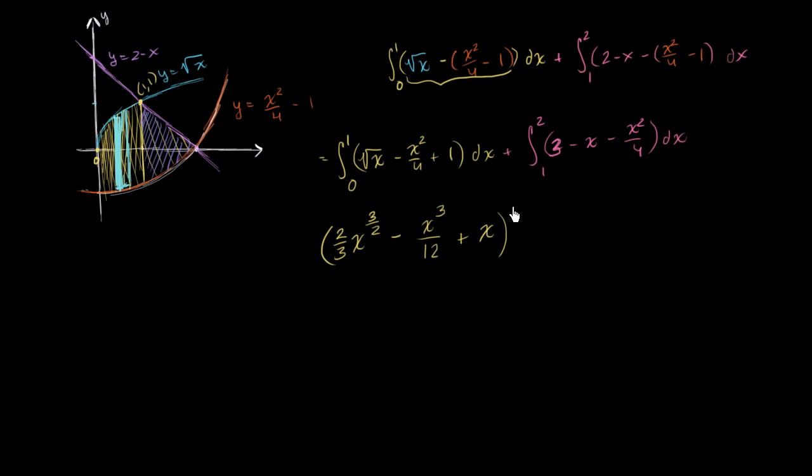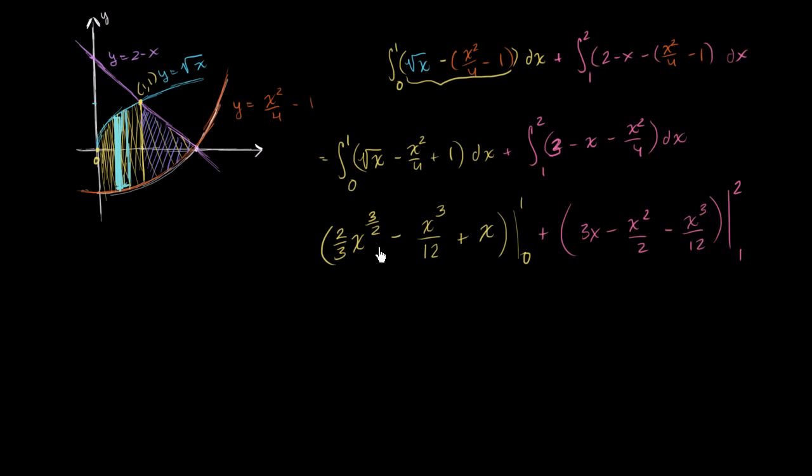We're going to evaluate it at 1 and 0. And then here, the antiderivative is going to be 3x minus x squared over 2 minus x to the 3rd over 12. Now we're going to evaluate at 2 and 1.